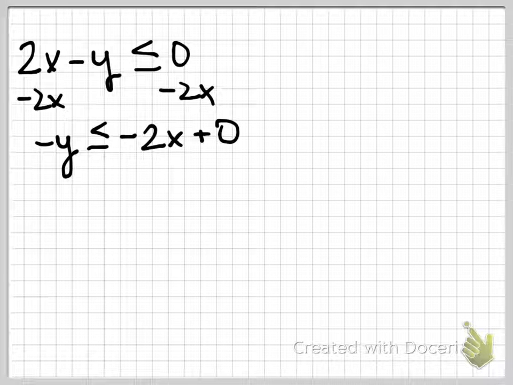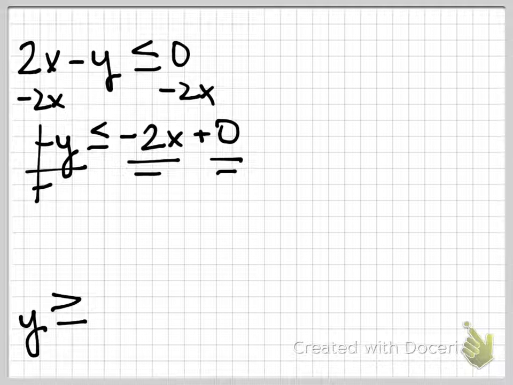And then we don't want to know what negative y is. We don't want to isolate a negative y, so we're going to divide every piece by a -1. When you divide an inequality by a negative, you have to remember to flip your inequality symbol the opposite direction. So because I divided by -1, the inequality symbol will turn around. That is the hardest part of graphing inequalities, is to remember that.